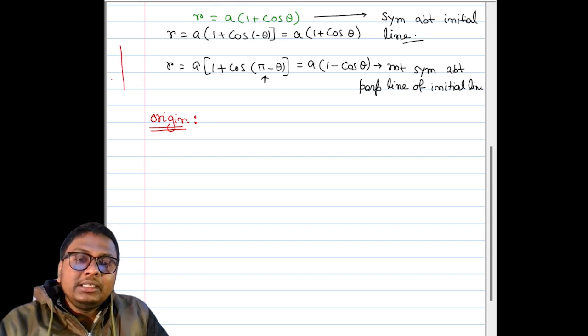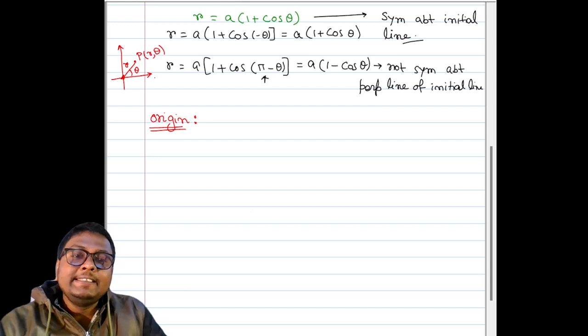You just see this is your polar system. Now this is your P equals r theta. So which one is your r? This is your r and this one is your theta. So when any curve passes through the origin, that means the value of r is 0.